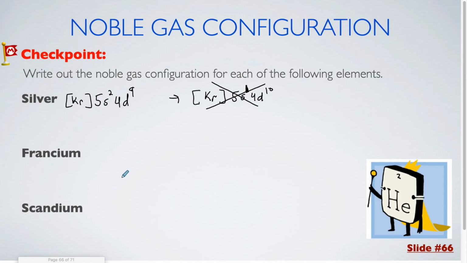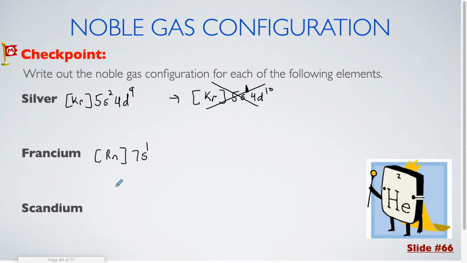All right, for our next example, we are looking at francium. Francium is towards the bottom left-hand corner of the periodic table. The noble gas that comes before francium is Rn. After that, we are in the 7th row of the S block, and we're in the first element that we're landing on. So this would eliminate the need for 1s2, 2s2, 2p6, and so on.